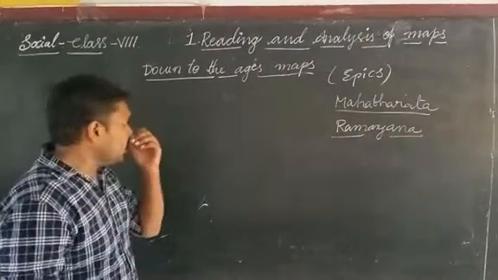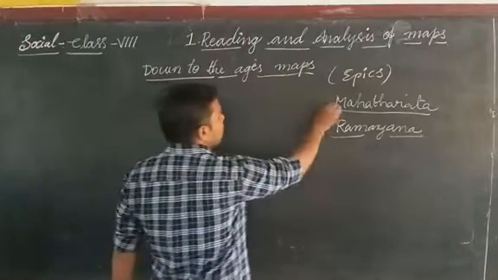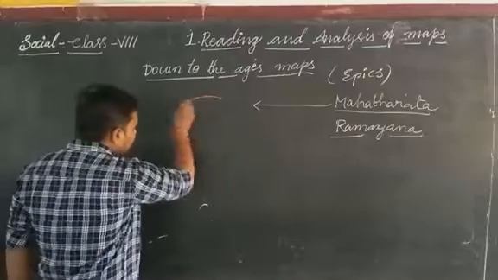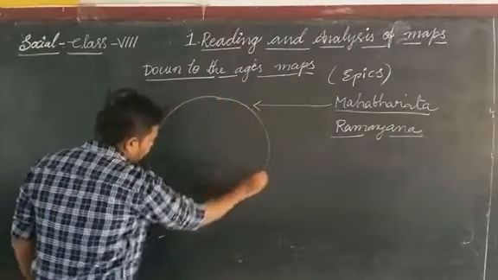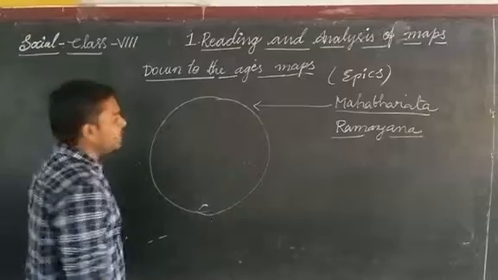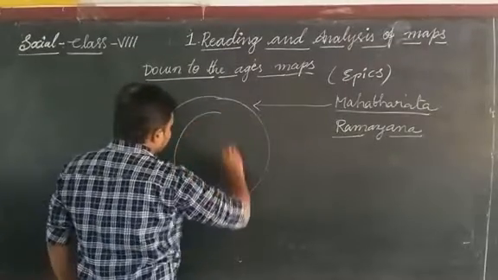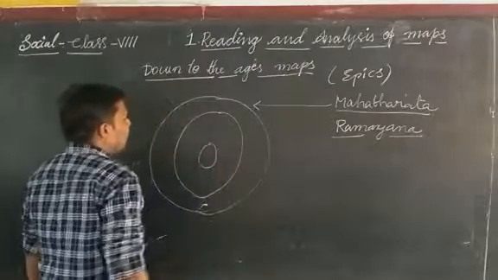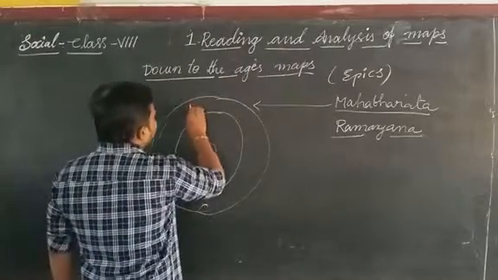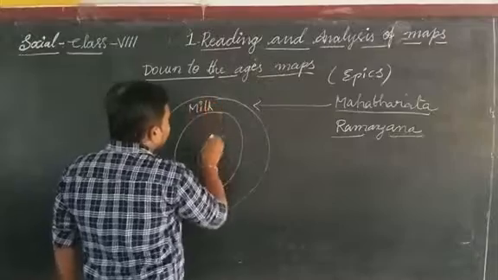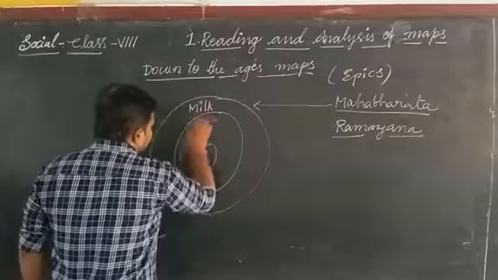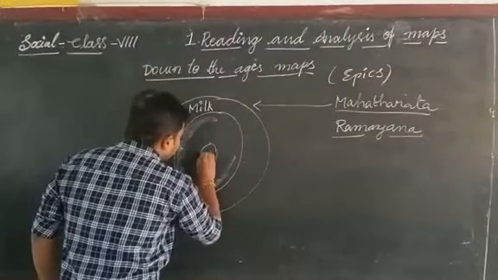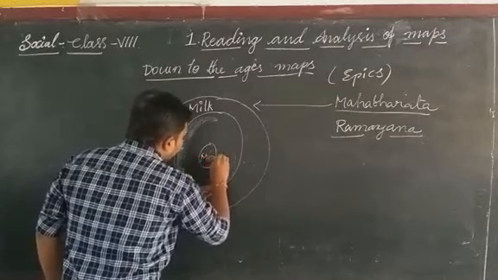According to the Mahabharata, the entire earth is located in between the Milky Ocean. This is the land part of the earth, and this is the mountain Meru.